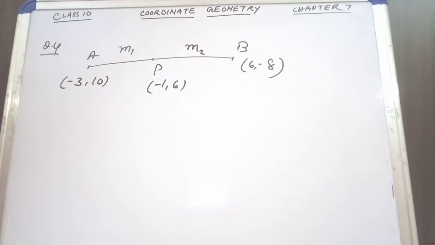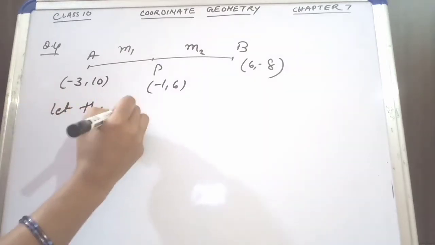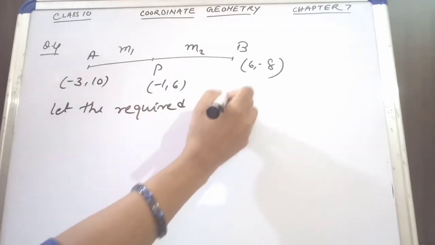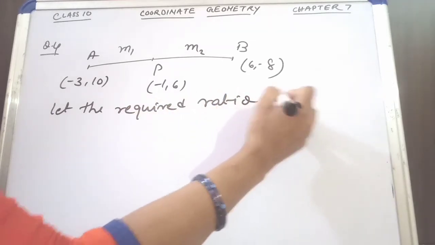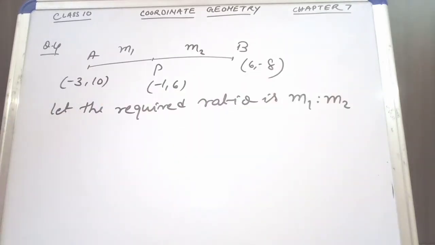So you have to find the ratio m1 is to m2. So let the required ratio be m1 is to m2.